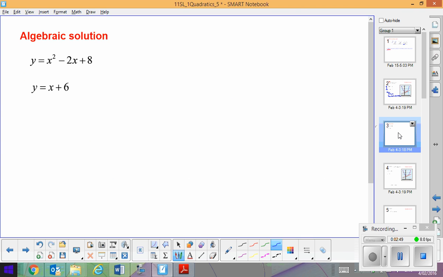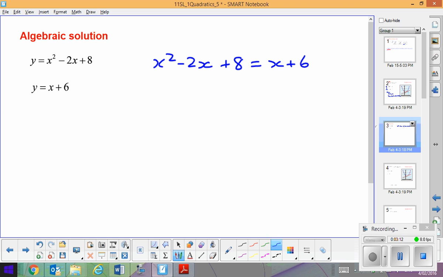If we're solving it algebraically, this would be no calculator. So you're going to equate the equations like you did in simultaneous equations in year 10. So you'll go minus 2x plus 8 is equal to x plus 6. And you're simply going to solve those equations.